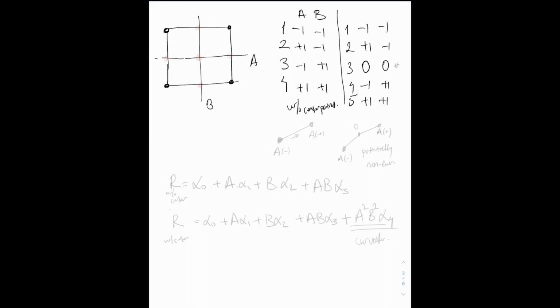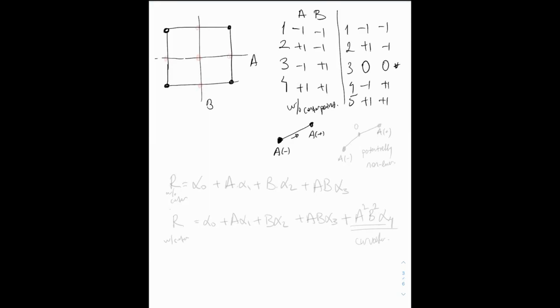So the importance here is that with the center point measurement, without the center point, you have a linear model. That means that if you're going from A minus to A plus, you have a linear response. In other words, the only way your response is going to change between A minus and A plus is linearly.